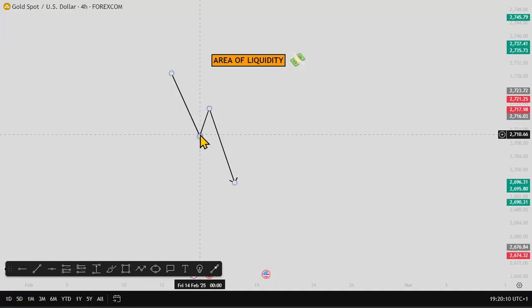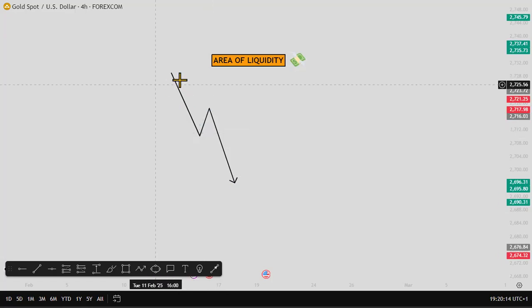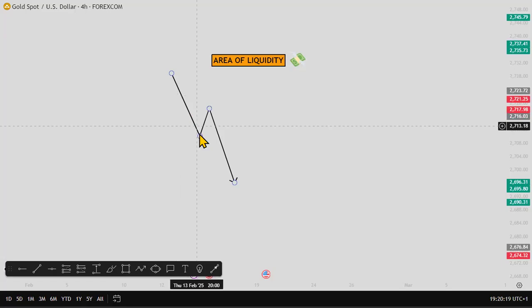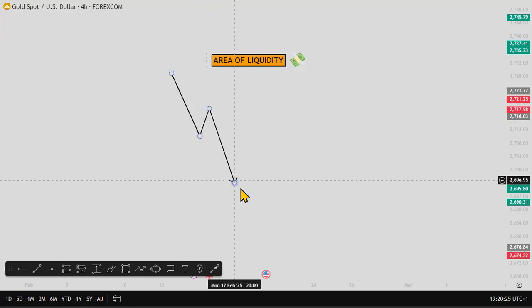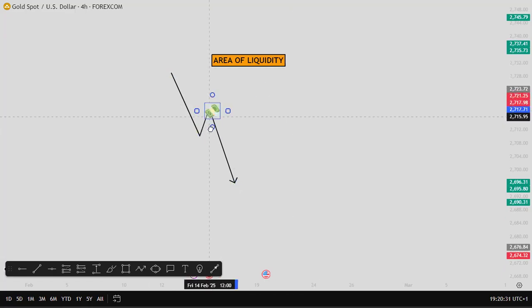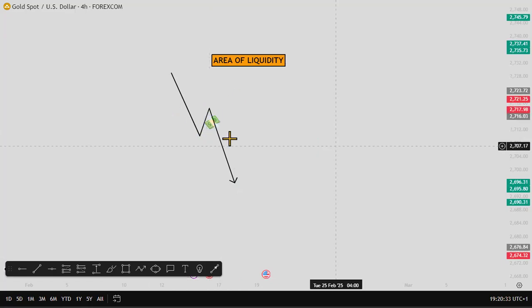We saw that price shifted from the initial direction. Price was moving in a straight line, and then price moved off the straight line and continued going down. So this glitch right here is an area of liquidity, and it simply means that money is residing here.